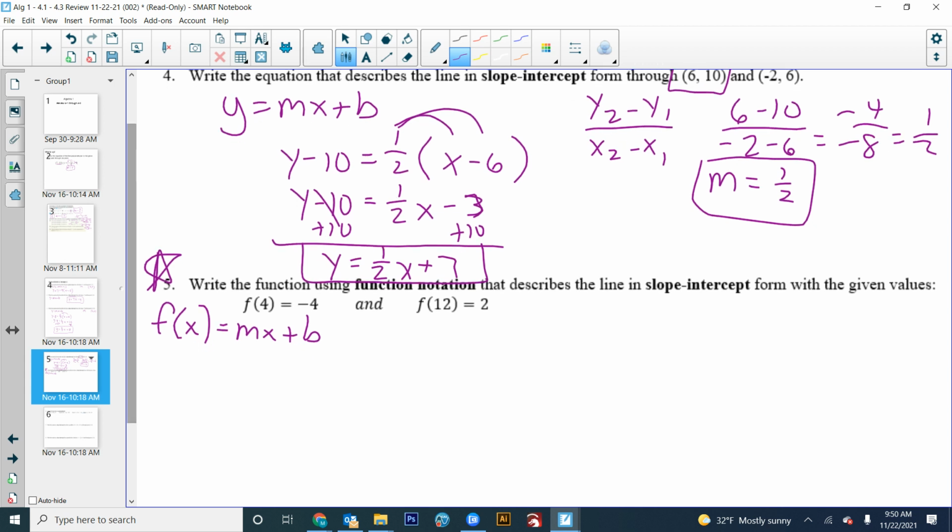What's this first point? It's the point 4, -4. What's this point? 12, 2. Once we get to this point, it's just like this problem. And then at the end, instead of y equals, we write what? F of x.